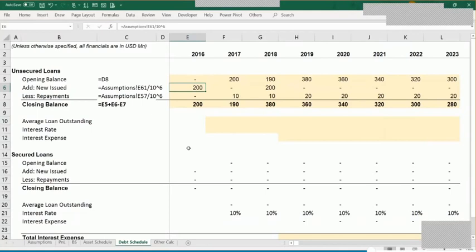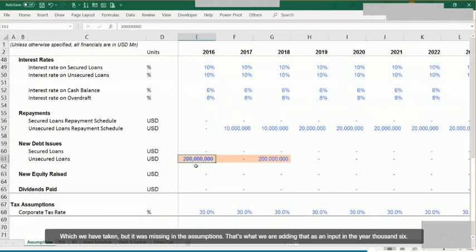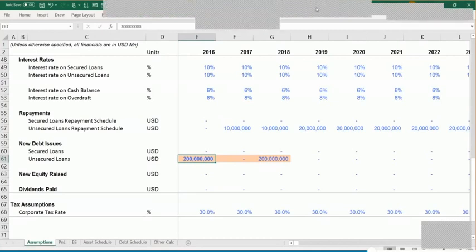So Abhijit, in E61, I have manually entered this $200 million, which was missing. This is what I'm trying to explain: when you look at the balance sheet, it shows that there is a loan which we have taken, but it was missing in the assumptions tab. So we are adding that as an input in the year 2016. All right, so please include that input out here.